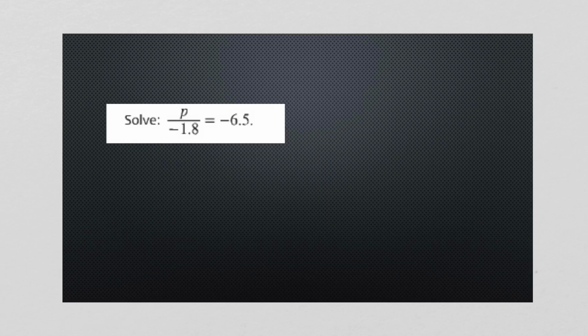Okay, so check out this problem. P divided by -1.8 is equal to -6.5. How do you undo division? With multiplication. Its inverse operation is multiplication, so you would multiply both sides by -1.8. This cancels that.